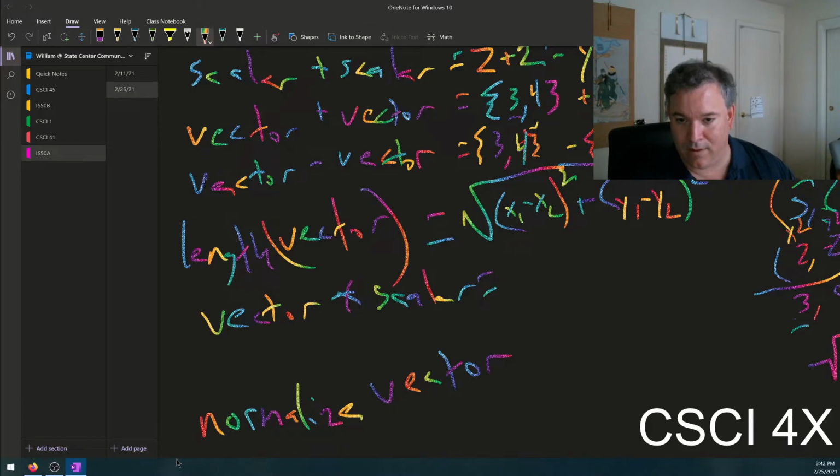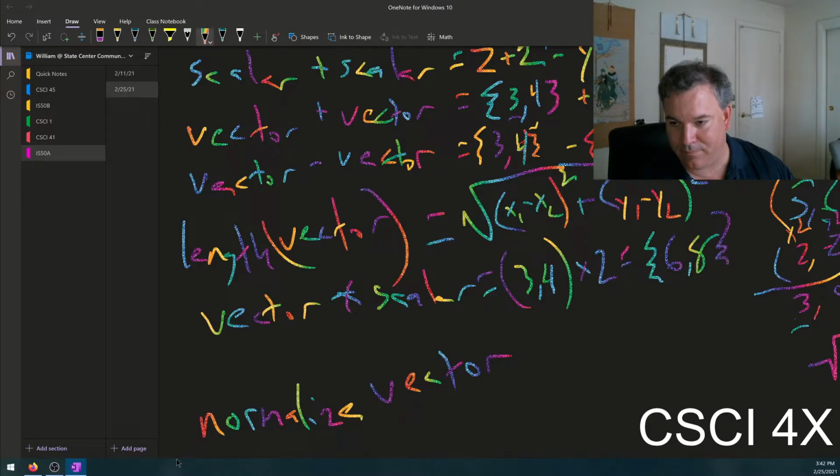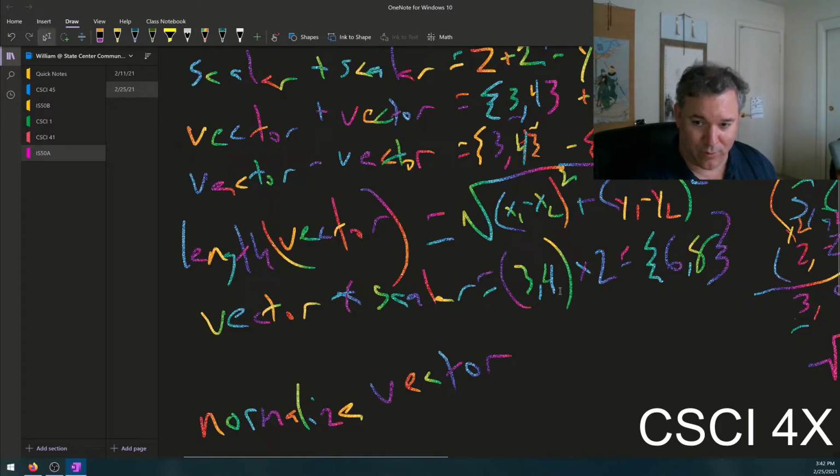Okay. If you have 3, 4, and you multiply it by 2, you get 6, 8. What do you guys think? Do you see the rule here for multiplying a vector and a scalar together?